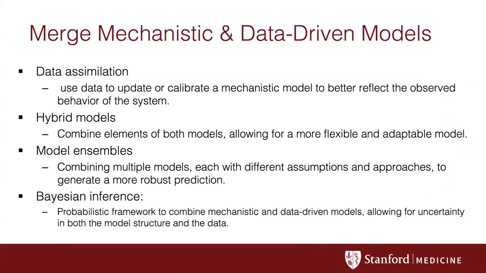You can use a hybrid model where we combine both models, allowing for flexibility and adaptive models. We use an ensemble model in my group, which is combining multiple models, each with different assumptions and approaches to generate a more robust prediction. And then, of course, Bayesian inferences are coming into play here a lot, where we're seeing a probabilistic framework that combines these types of models, allowing for uncertainty in both the structure and the data.